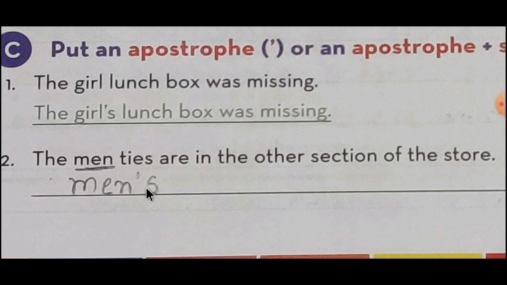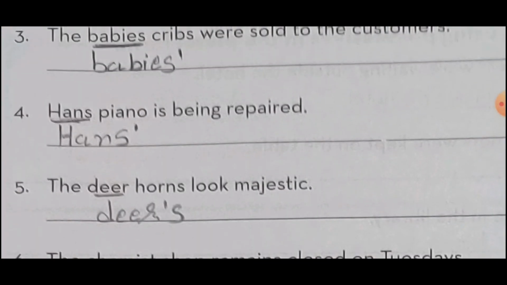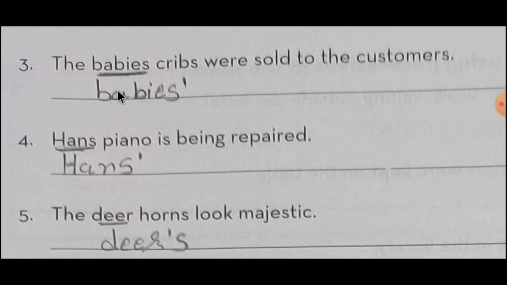So the men's ties are in the other section of the store. So we have to complete this sentence. Don't write only these words, we have to write the sentence with all the other words and complete the sentence. Then the third one is, the babies cribs were sold to the customers.